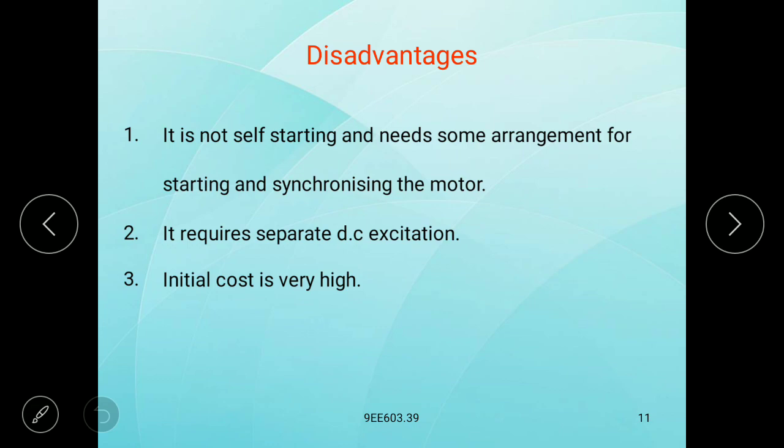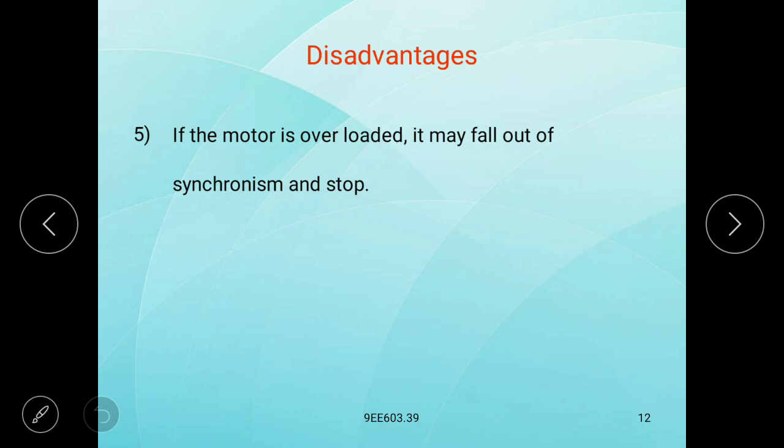Initially, cost is very high. It cannot be used for variable speed applications. If the motor is overloaded, it may fall out of synchronism and stop. It has a tendency to hunt.